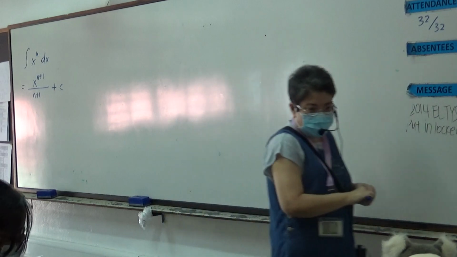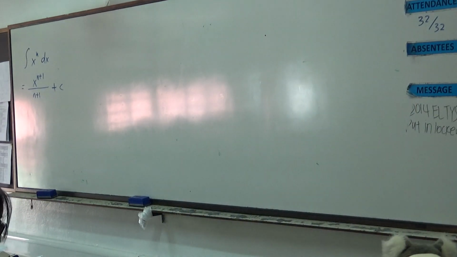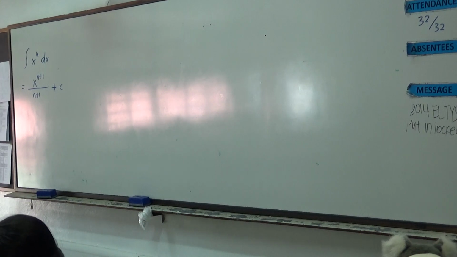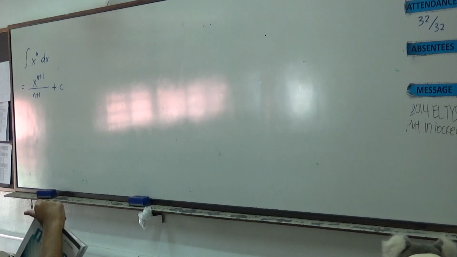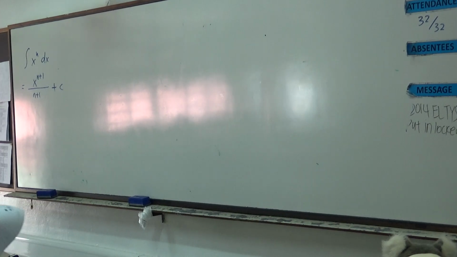Correct? This is the power rule. When I increase the power by 1, I also divide by the increased power, then I plus c. Correct? And for integration, it's just like differentiation. We'll integrate them term by term. Everybody okay?